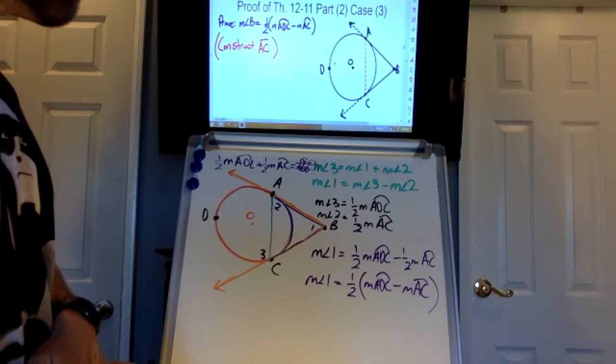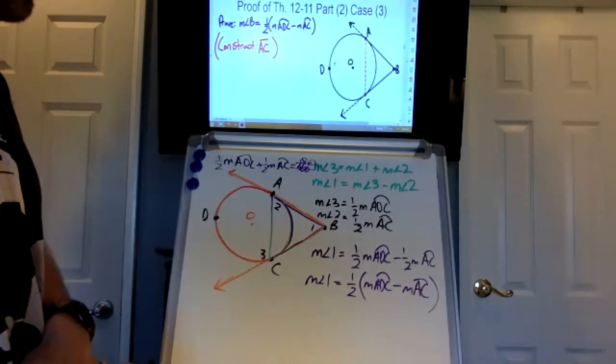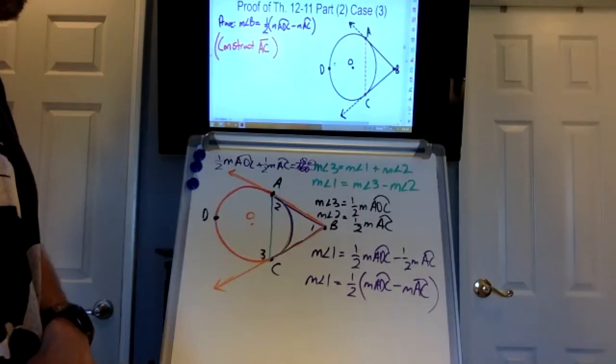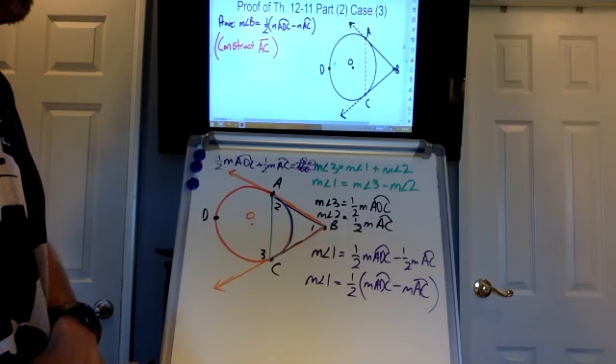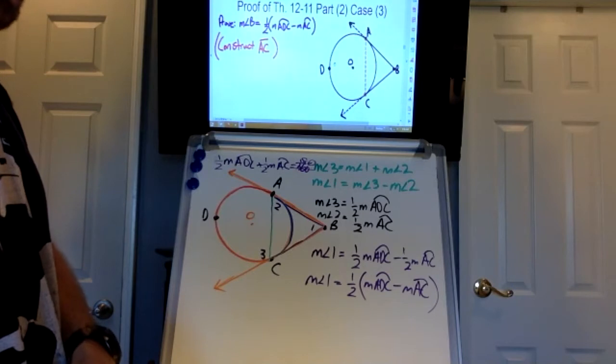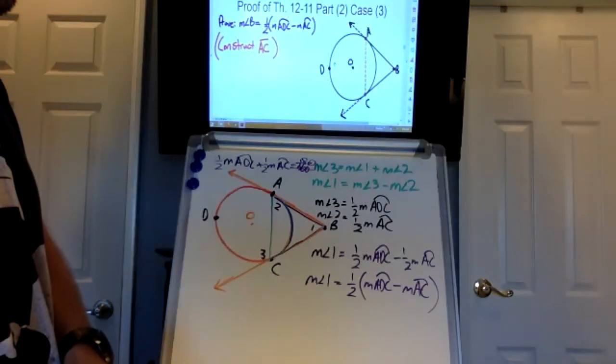I don't know if that's tagging on to what Zig was saying. Measure of angle 1. It is because the tangent BC is a straight line, and because of the base angles theorem, and because the two tangents are congruent, angle 2 is also the same on the tangent BC.